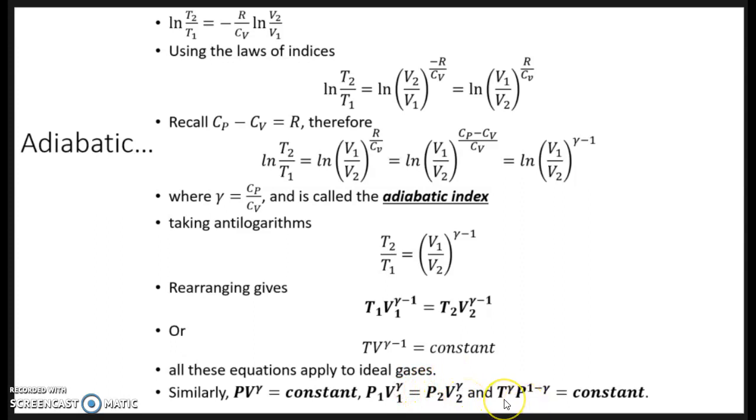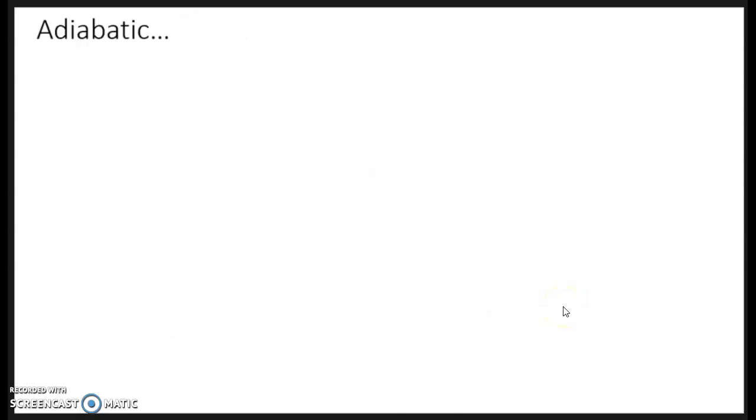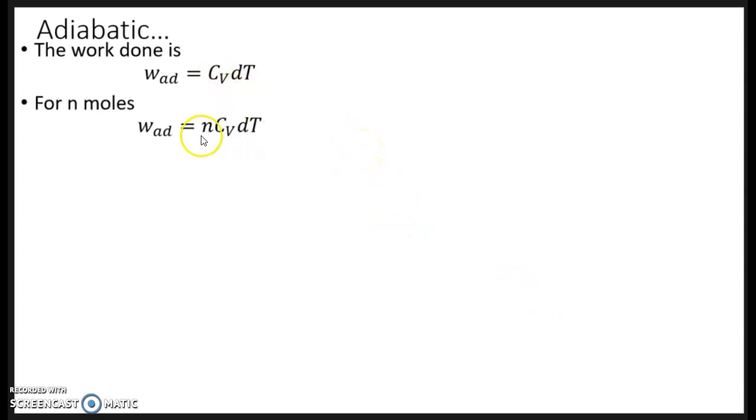And the relationship between temperature and pressure is T raised to power gamma times P raised to power 1 minus gamma is a constant. The work done in an adiabatic process is Cv dT, and for n moles, we have n Cv dT.